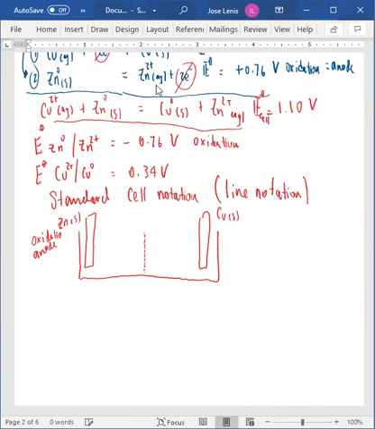This is metal. And therefore, we just found this is plus. It's going to do the reduction. Therefore, it's going to be our cathode. This is going to be our anode.